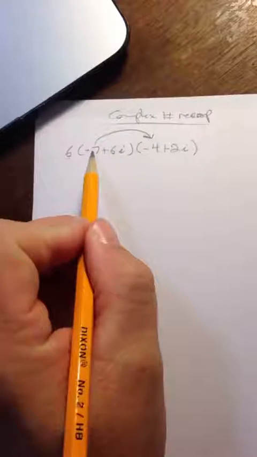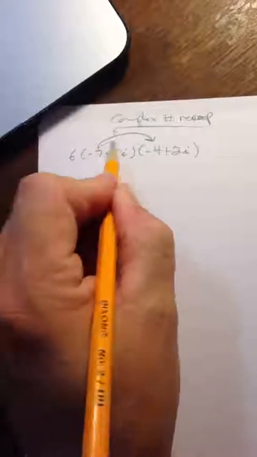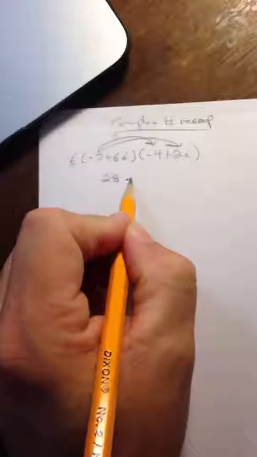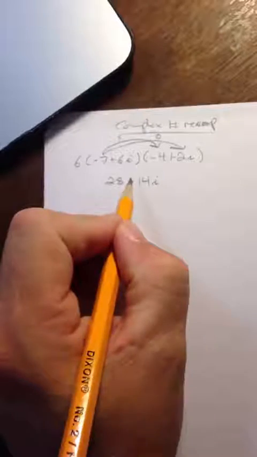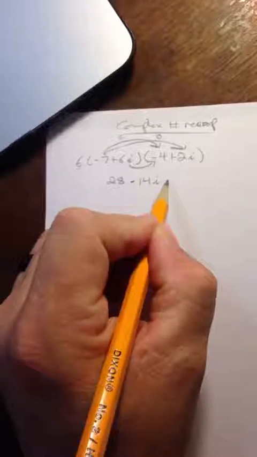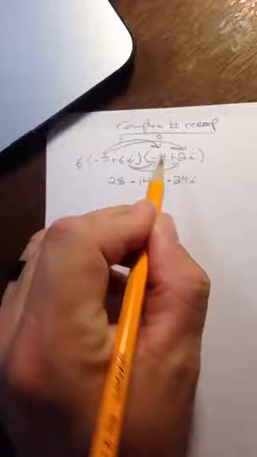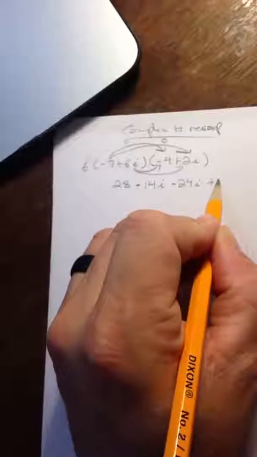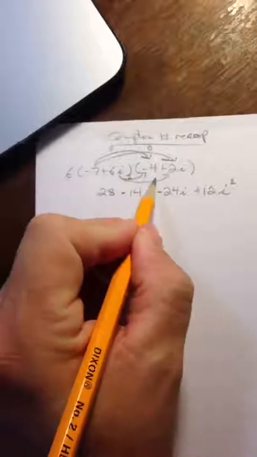So FOIL first, which is 28, your outers, which is negative 14i, your inners, so that is minus 24i, and a positive 12i squared. So that's inner and last.